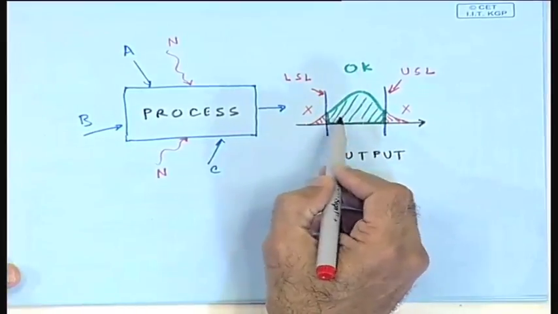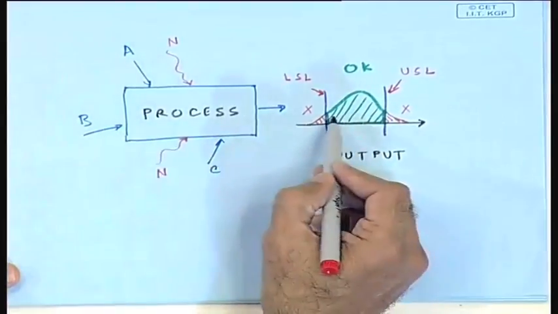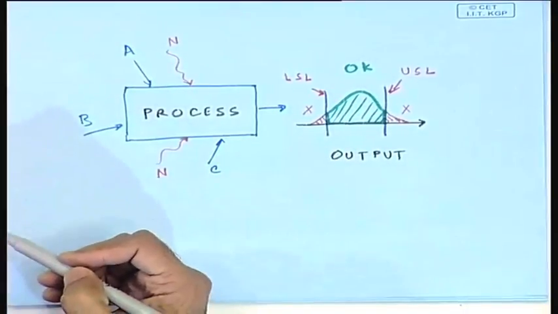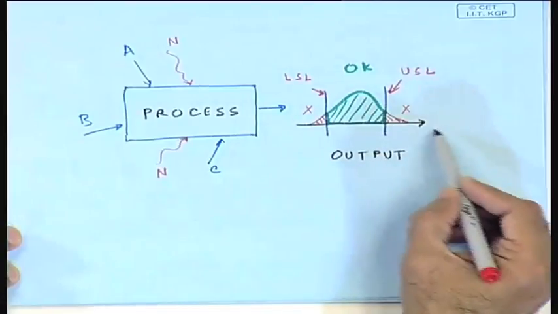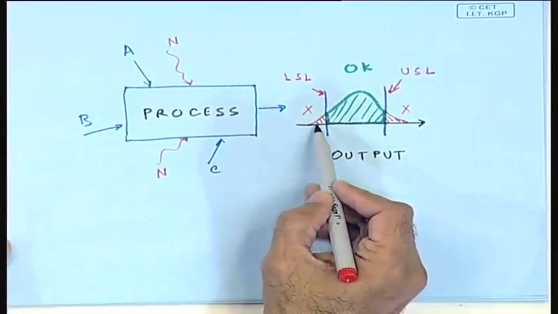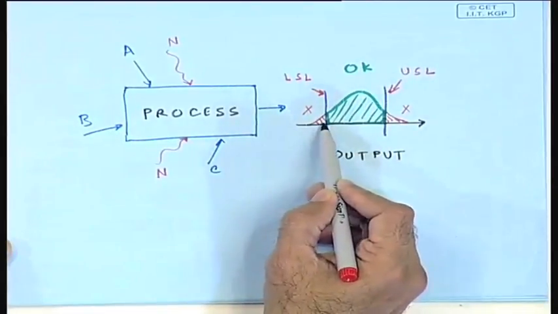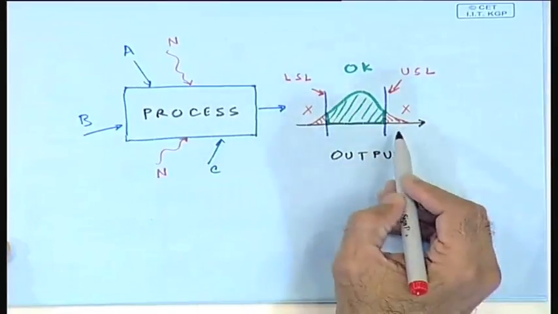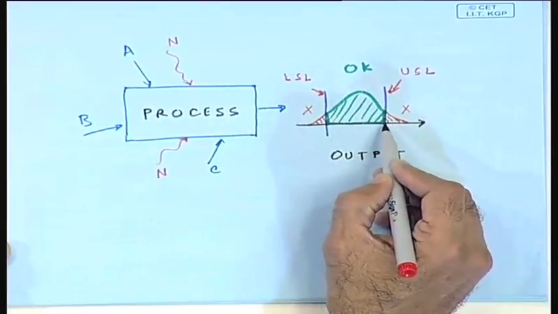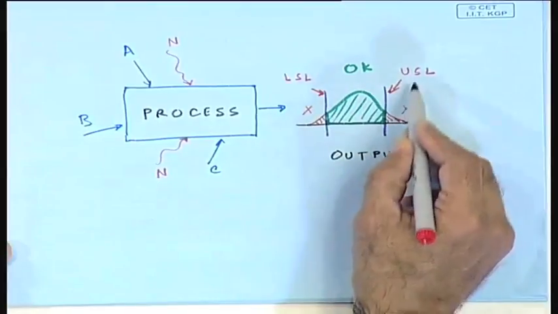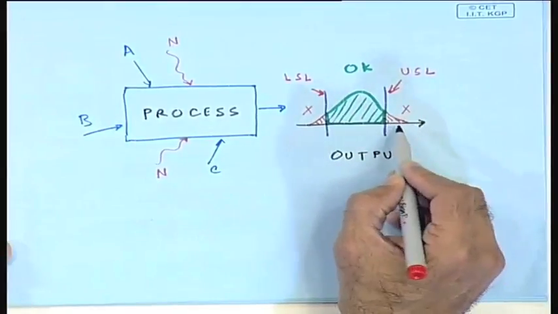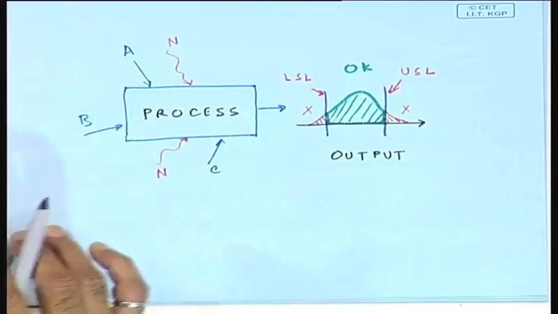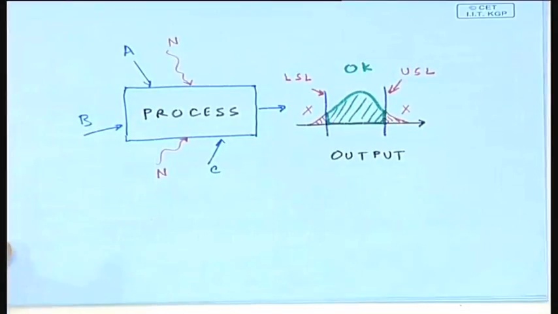So if my production is all within these two limits, then there is no problem with the process. But if it has variations like this, where part of the output falls below the lower specification limit, or part of it falls beyond the upper specification limit, I say that the process is not capable of satisfying the customer 100% of the time.